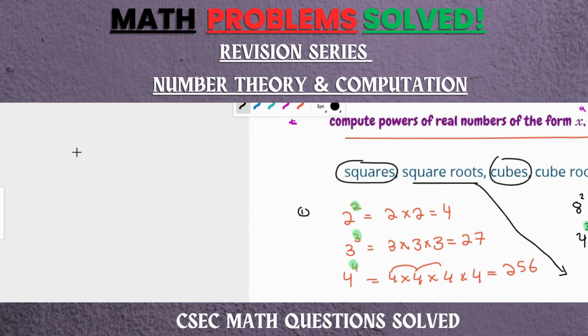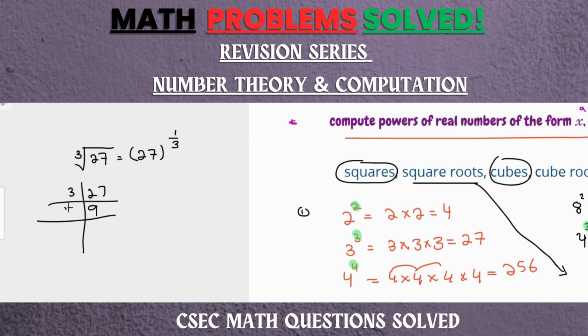Cube root. Cube root of any number is represented like this. What do you mean by cube root of 27? It means 27 to the power of 1 over 3, right? So if you decompose 27 into prime factors, you may know 27 can be written as 3 times 3 times 3.